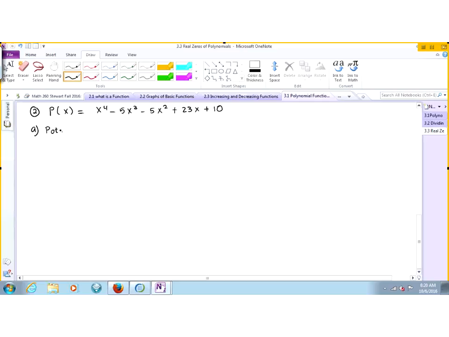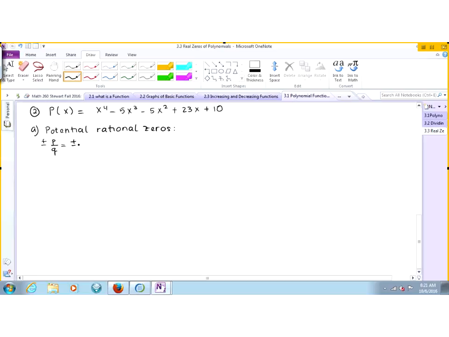So, A, what are the candidates for rational zeros? So I have to write down potential rational zeros. All right, so what are they?